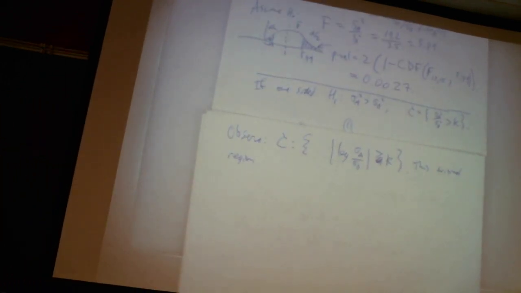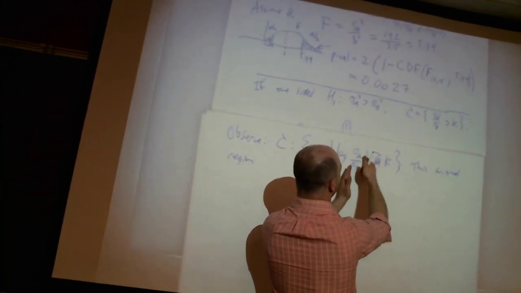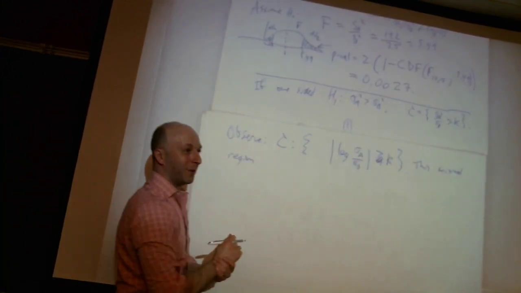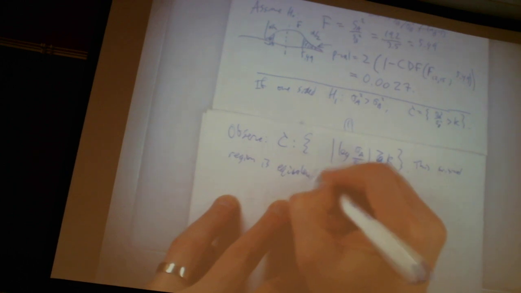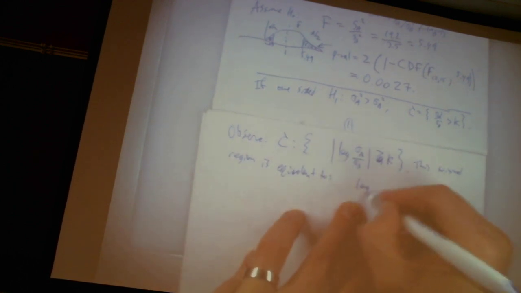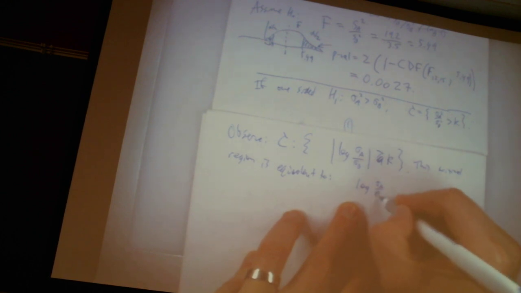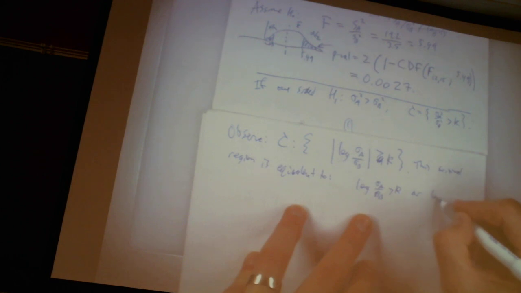There's a 2 both on top and bottom, so the square can be absorbed into K. So this critical region is equivalent to the log of the ratio being bigger than K, or the log of the ratio being less than negative K.